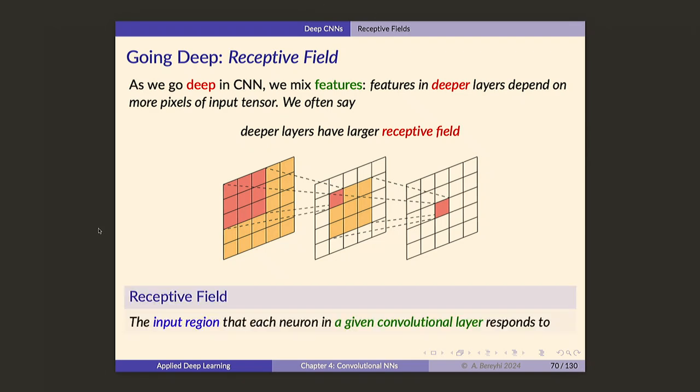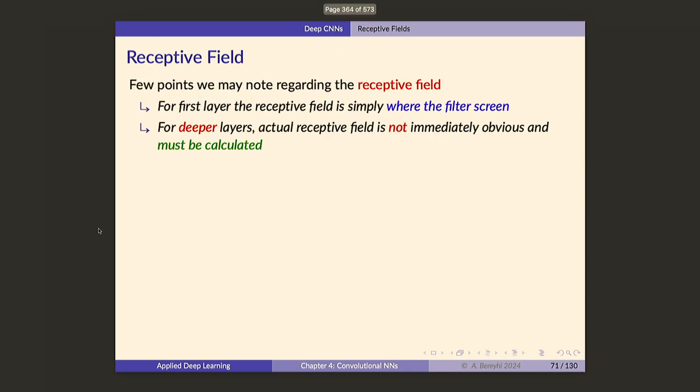So formally defining the receptive field for one given particular neuron inside your convolutional layer, the receptive field is the region inside your input where that particular neuron is looking. First of all, for the very first convolutional layer, that receptive field is simply the part that your filter is looking into.